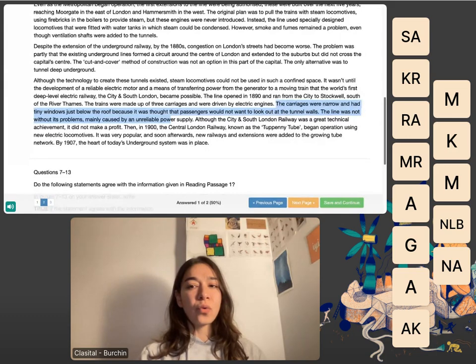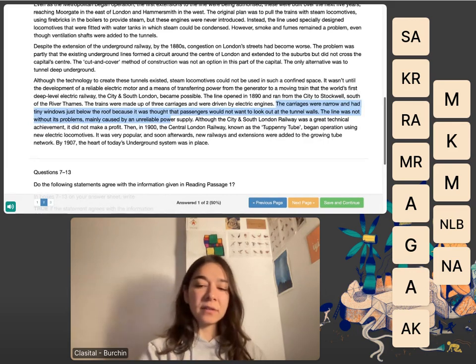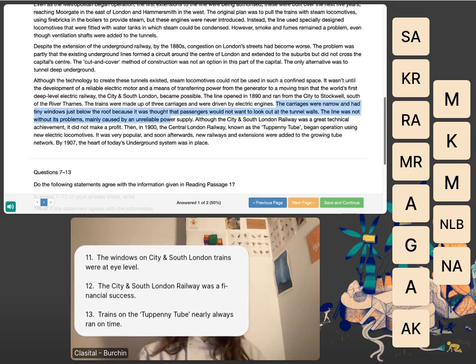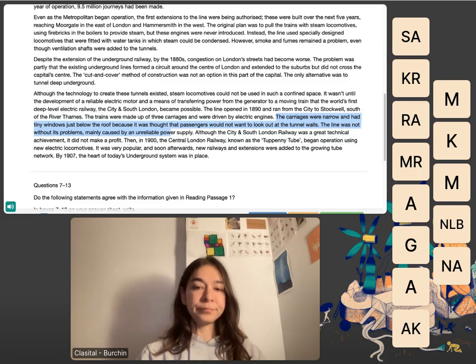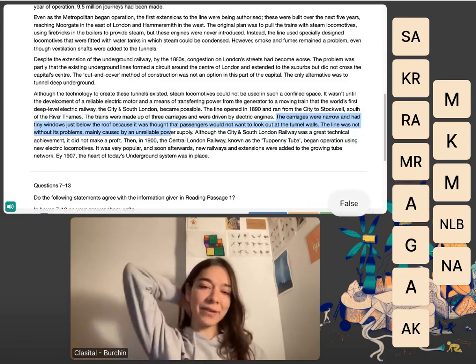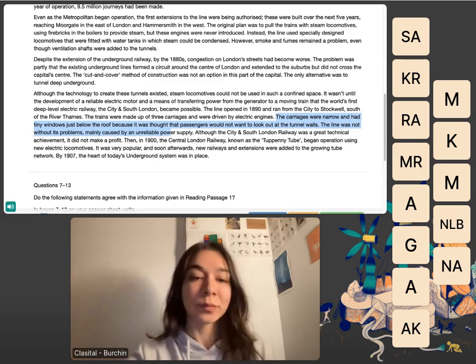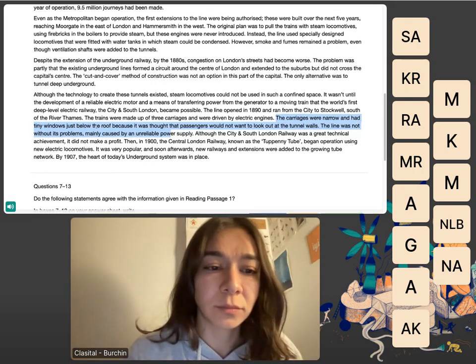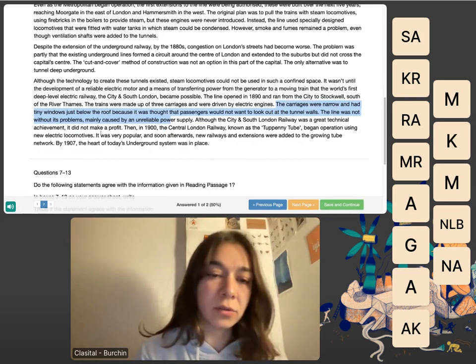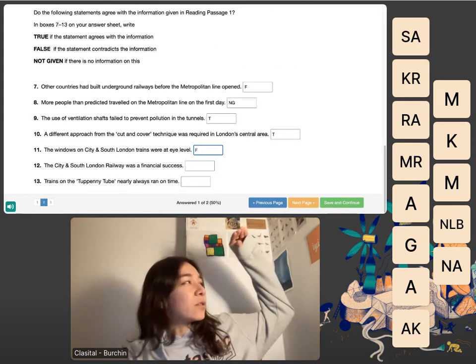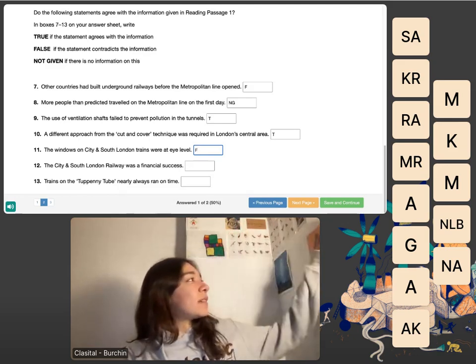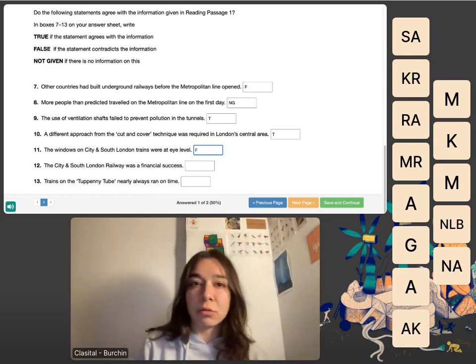So what do you think about number 11? Yes, very good. Yes, it is false. They weren't at the eye level, they were below the eye level because they thought that people don't want to look at the tunnel walls.